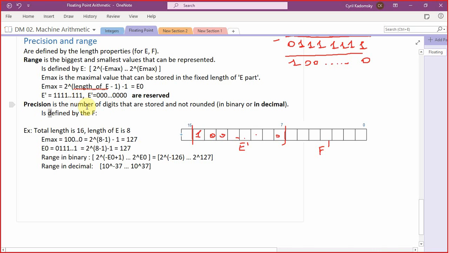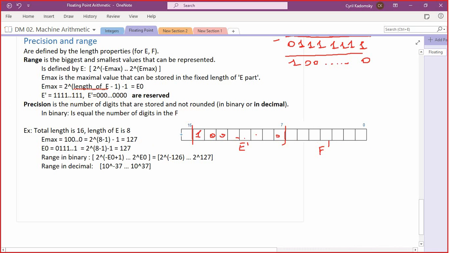Not only defined by the fraction, but equal to the number of digits in the fraction, because the number of digits in the fraction and the precision are basically the same thing. The length of this fractional part actually defines how many digits you can store. Only this works in binary, because we store binary digits, right?